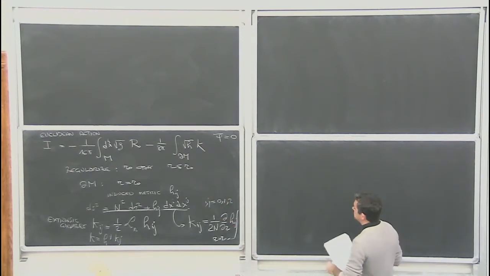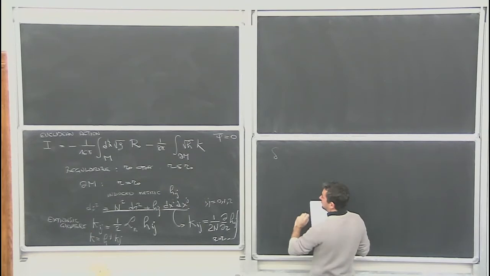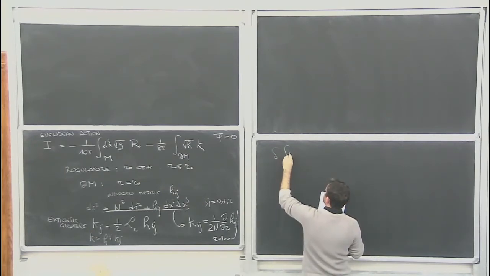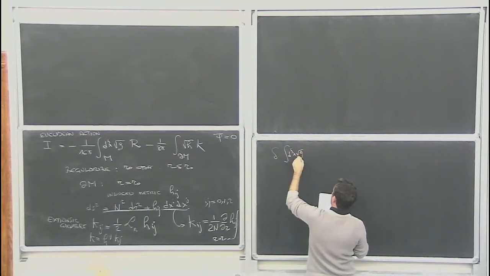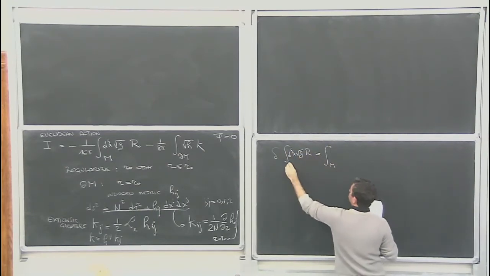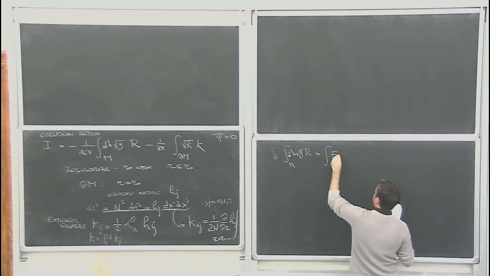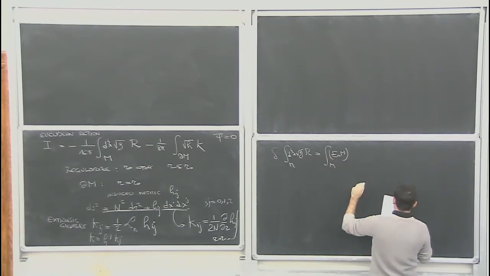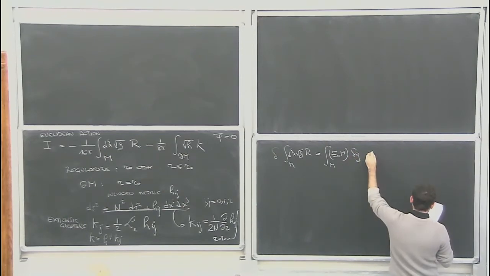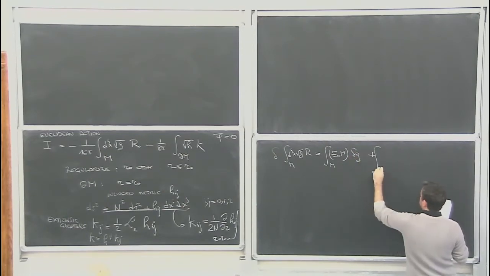So when I vary the action, let me just vary the Einstein-Hilbert term. I obtain the equations of motion, as we know, times the variation of the metric. Plus, I have these boundary terms that I was discussing before.